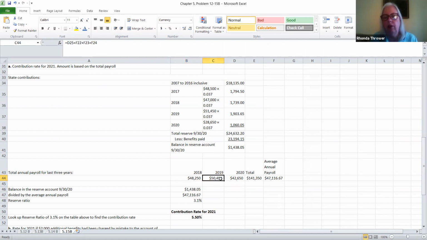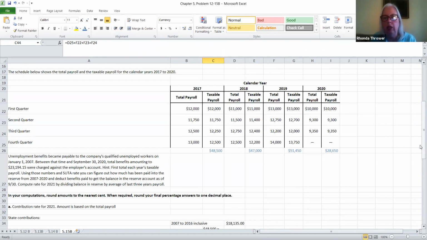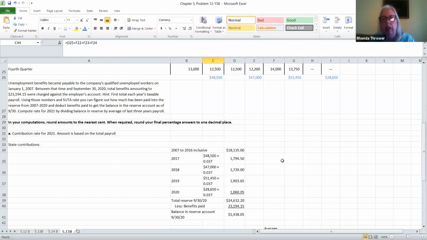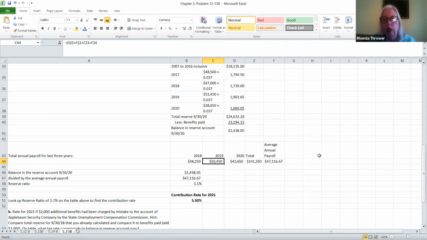For 2019, you're doing basically the same thing. We're going to have to take the total payroll for the last quarter of 2018, and we're going to add it to the total payroll for the first 3 quarters of 2019. And that will give you this amount right here.